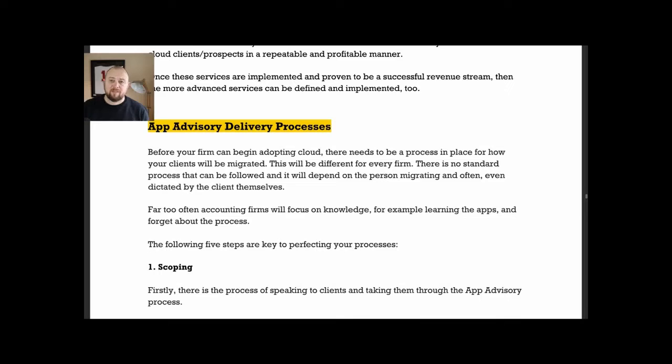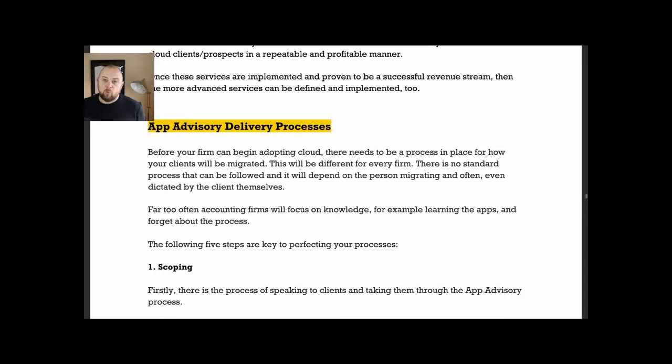So for every service, there needs to be a process. So if you're going to do finance function reviews, what's the process underneath that? So in this aspect, it would be scoping, for example. And I think one of the other points I just want to link up, which is in this book, is a lot of accounting firms and bookkeepers say, I want all of the app knowledge and then I'll worry about everything.